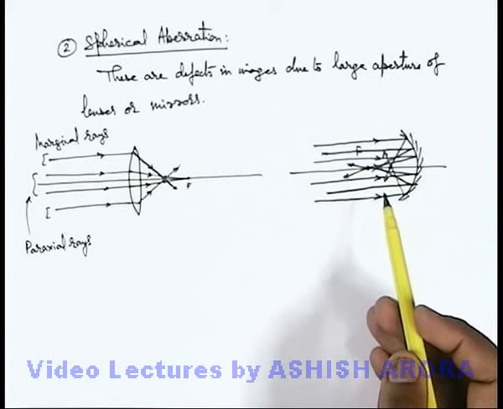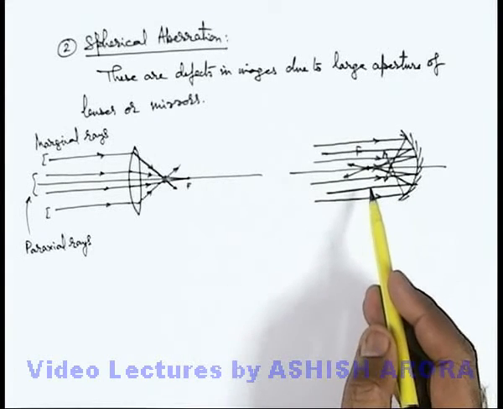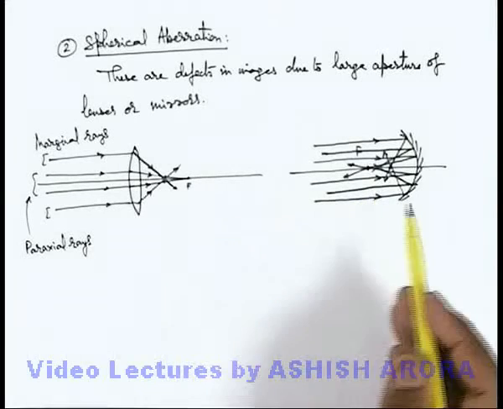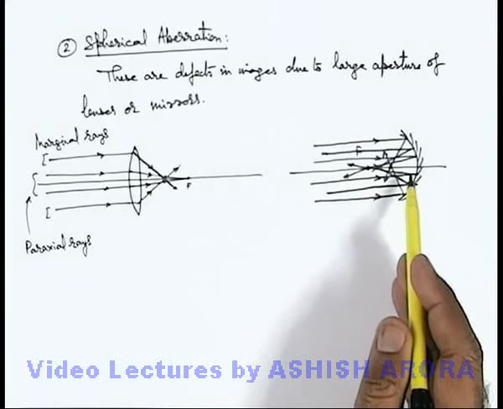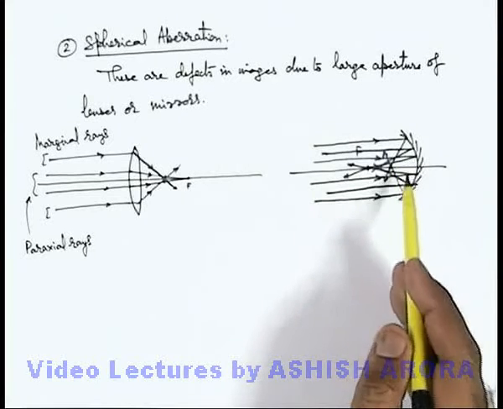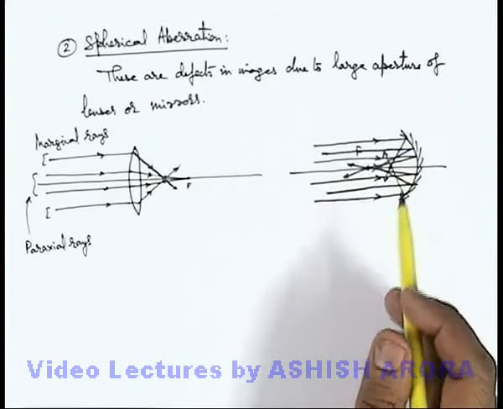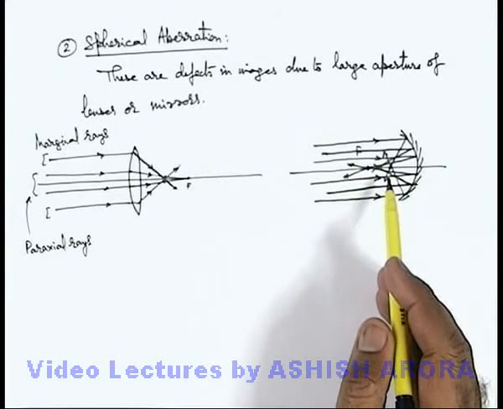So here we can say for a given point object, a point image is produced by a lens or a mirror only when paraxial rays incident from the object onto the optical device are considered. If we consider marginal rays incident on the lens or mirror away from the principal axis, the image produced will also be blurred or distributed between a few points.